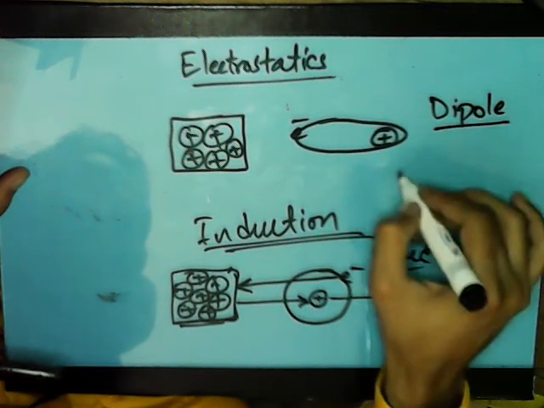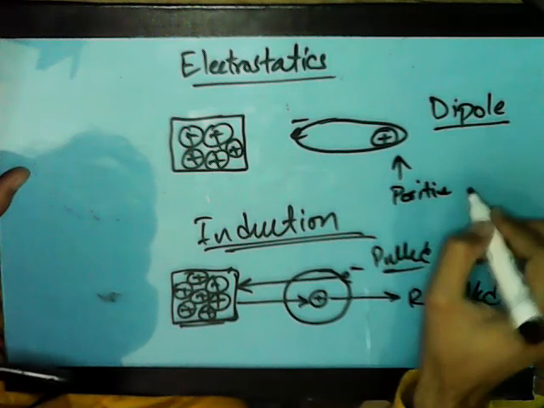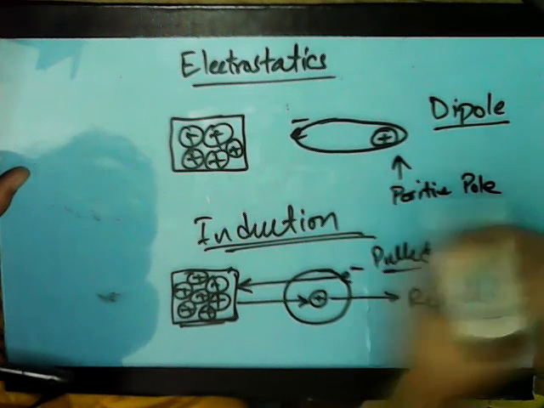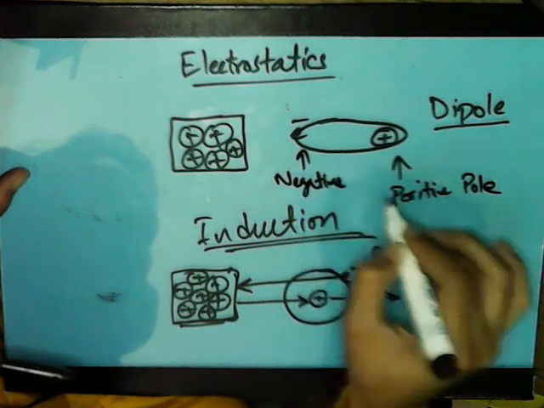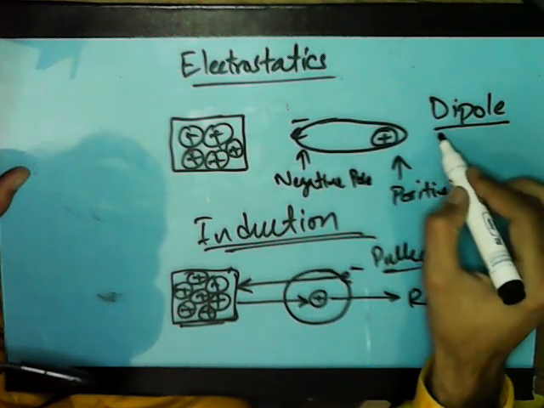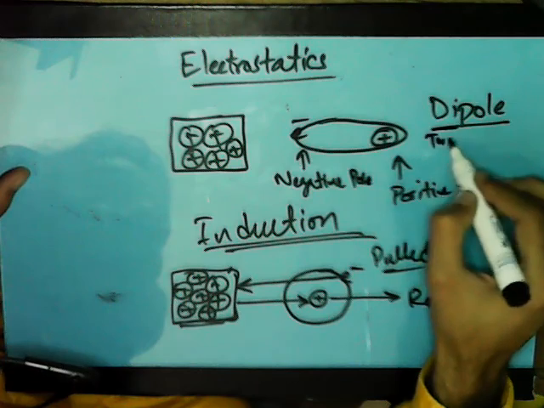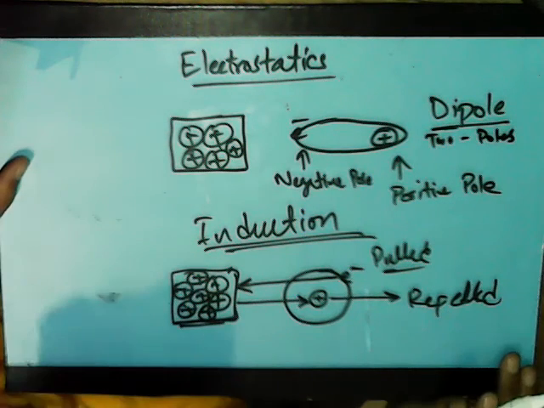That means two poles, one positive pole and the other one being negative pole, right? Di means two poles, dipoles, right?